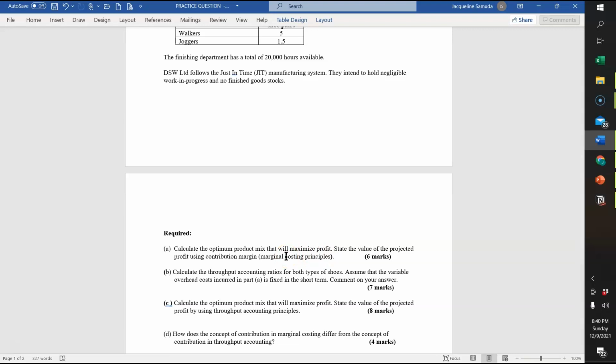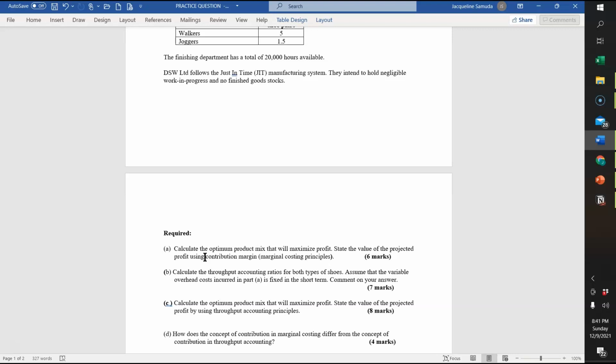If that is required of you, then what you have to calculate is not throughput, but instead contribution margin. Based on the slide, the contribution margin is sales minus variable costs.